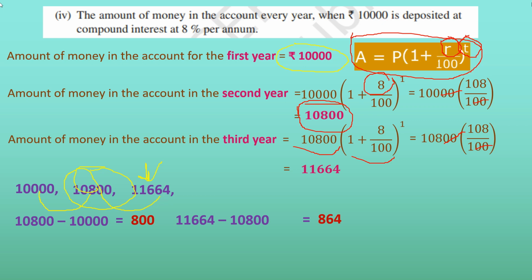Now you can clearly see that A2 minus A1 is 800 and A3 minus A2 is 864. So we can clearly see that the difference of two consecutive terms is not the same. What does it mean? It means that this particular situation is not forming an AP.